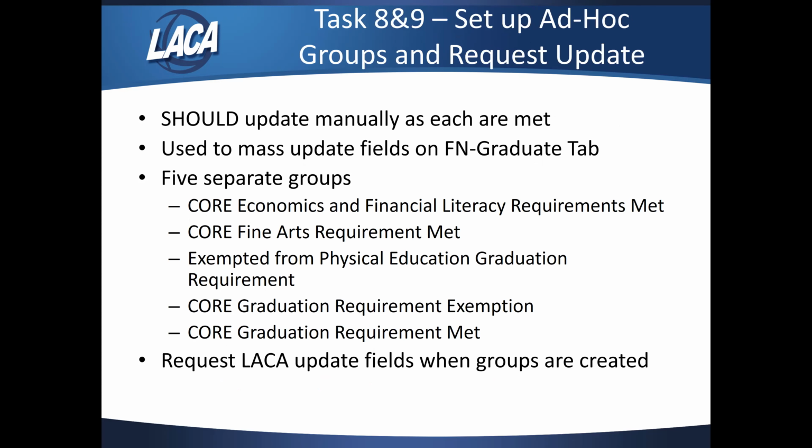And here's where we're talking about updating your FN graduate tab with the core economics and financial literacy, the core fine arts, the exempt from physical education graduation requirement, the core requirement exemption, and the core graduation requirement met.